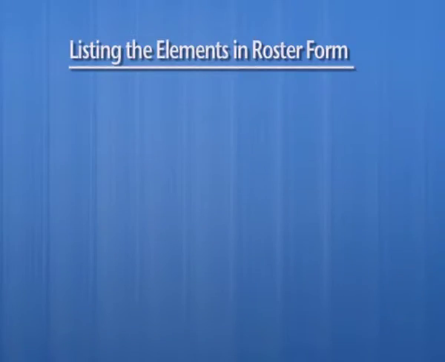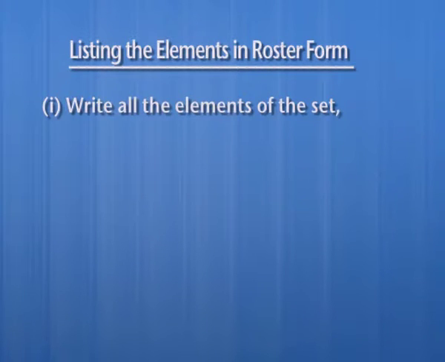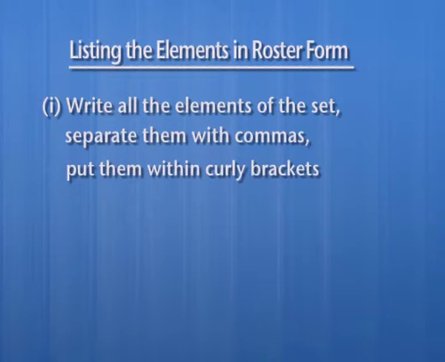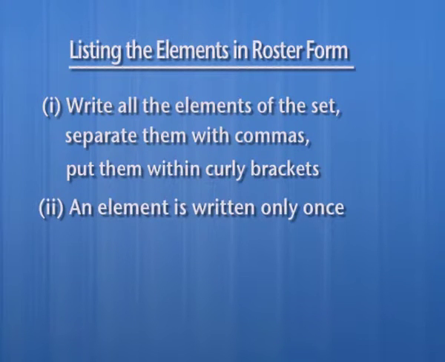So far, we have learned that while listing the elements in roster form, number 1, we write down all the elements of the set, separate them with commas, put them within curly brackets. Number 2, an element is written only once.